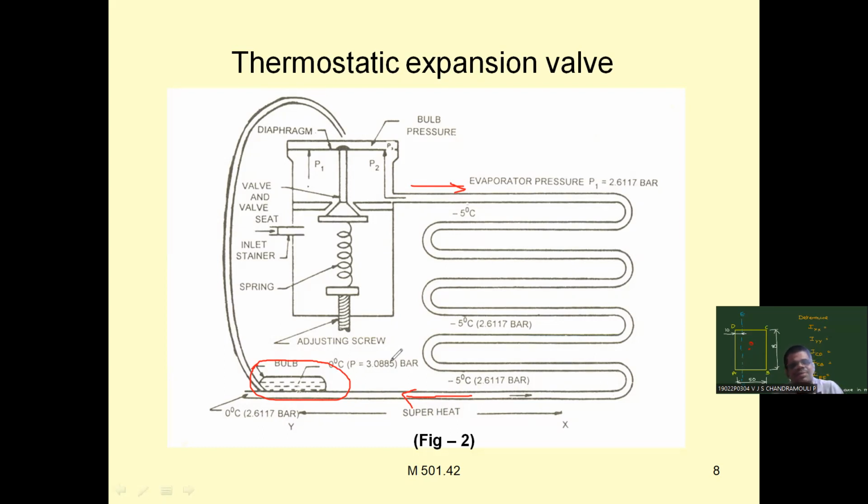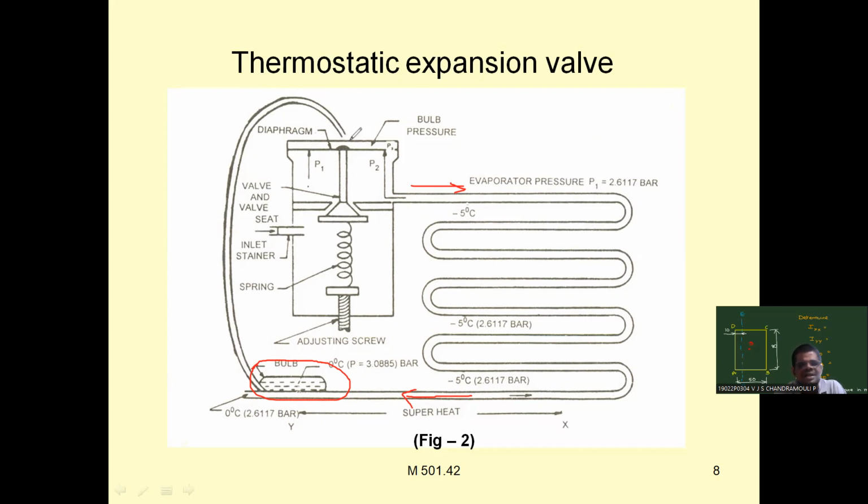If the temperature of the superheated vapor is high, what does it mean? That means the load on the evaporator is very high. When the load on the evaporator is very high, the refrigerant is superheated. Then the fluid inside the bulb also gets heated, and this fluid moves through this pipe, and its pressure is communicated to the diaphragm.